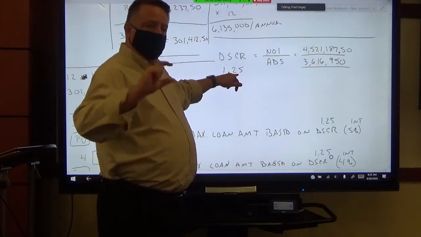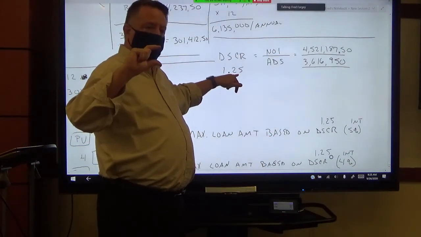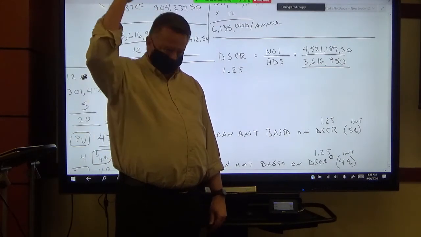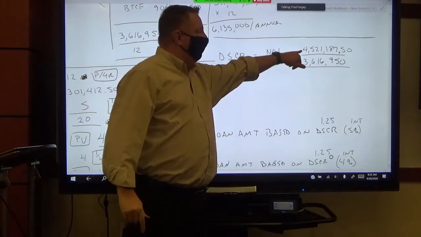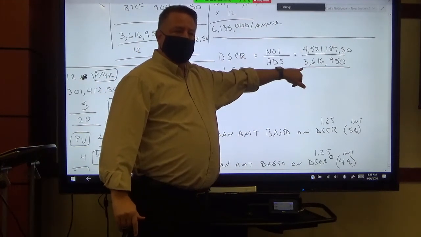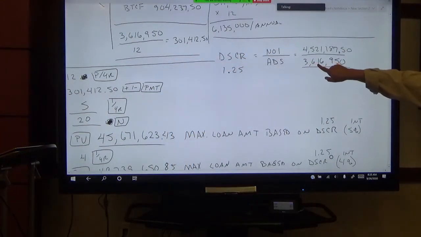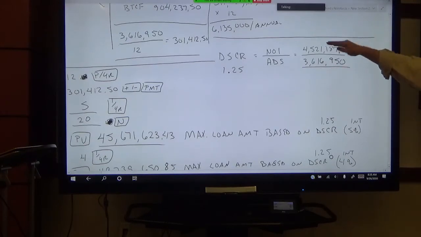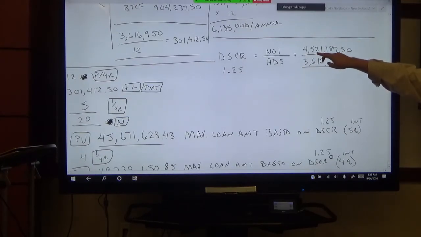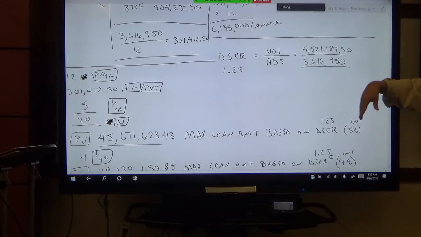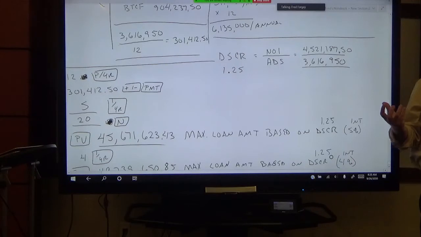They're simply saying, we want a 25% cushion above and beyond whatever you're going to be paying to us, that you've got income greater than that, okay? So if you're paying the lender $3.6 million and your income is $4.5 million, then that difference of about $900,000 is basically that cushion the lender wants you to have so that you're not going to be financially in a bind to be able to make payments to them.